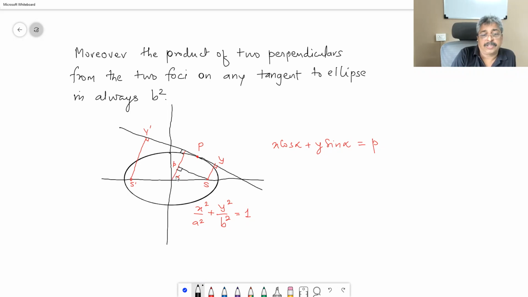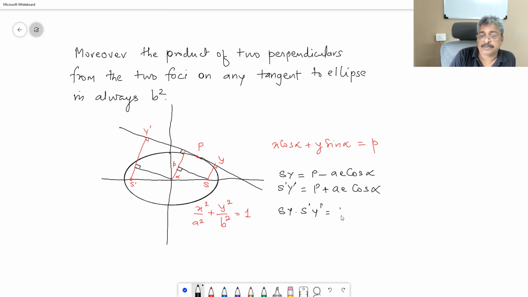And therefore this distance is p, therefore SY is equal to p minus ae cos alpha, and S'Y' is equal to p plus ae cos alpha, correct?